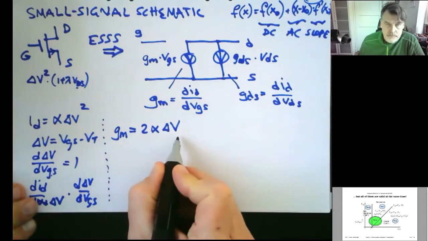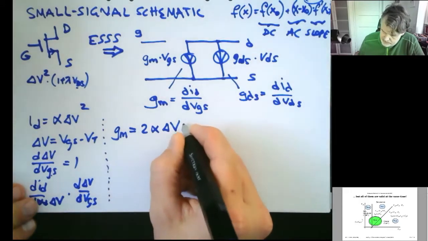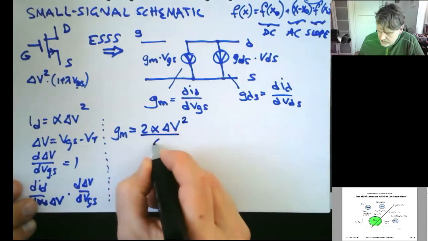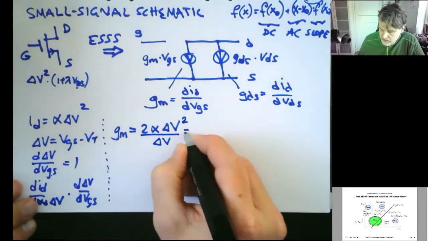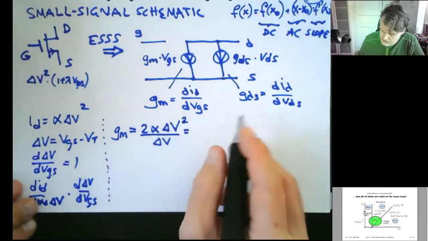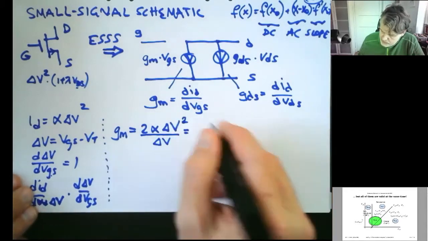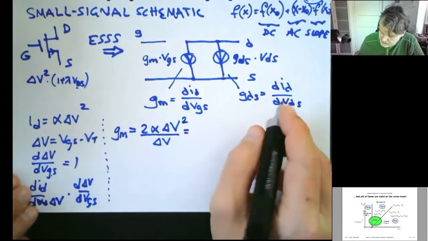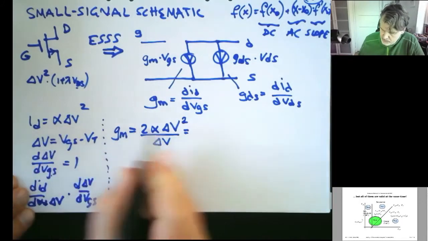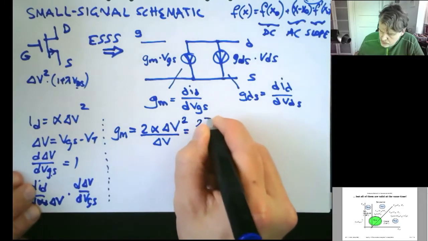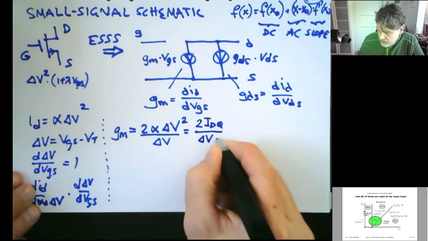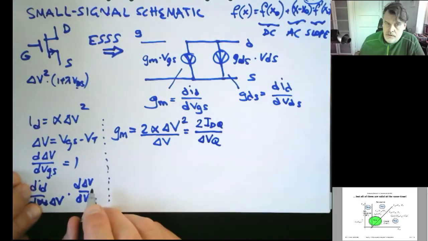Here, we can rewrite this as simply squaring delta V and dividing by delta V. And then we see that up in the numerator we have the original ID expression times the 2. So this is equal to 2 ID at the operating point Q divided by delta V at the operating point Q.